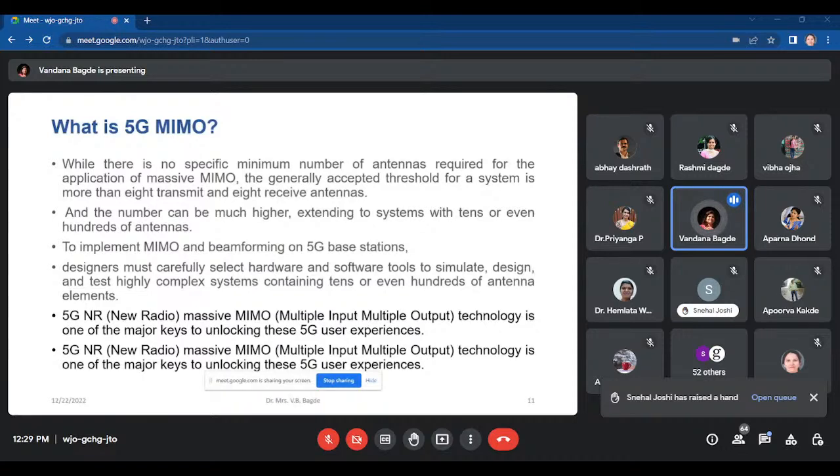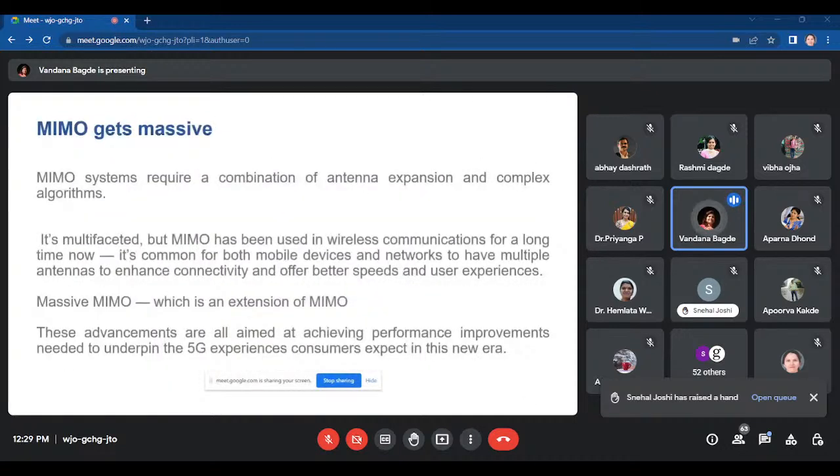So there is one 5G new radio massive MIMO, and this massive MIMO technology is the major key in unlocking this 5G user experience. And why is this MIMO getting massive? Because initially when the research started, only 2 antennas were deployed, then it increased to 4, then to 8, though we were receiving the signal.